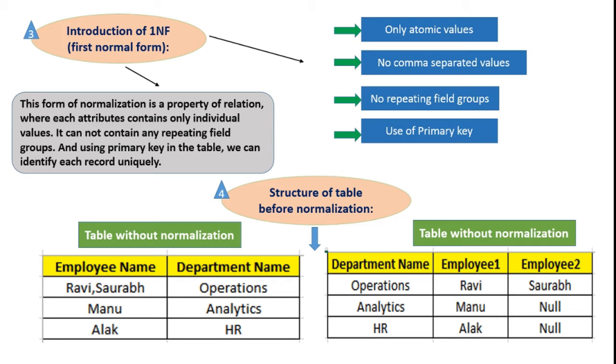In the first table, each attribute or column should contain only atomic values to maintain the first normal form, and no comma separated values should be there. But in this table we can see that employees are separated by a comma. In the first entry, Rabi and Saurabh, two employees, are separated by a comma separator, and both belong to a department named operation.